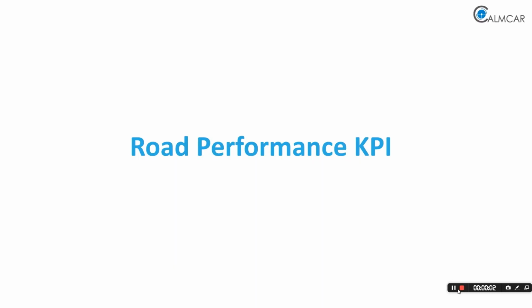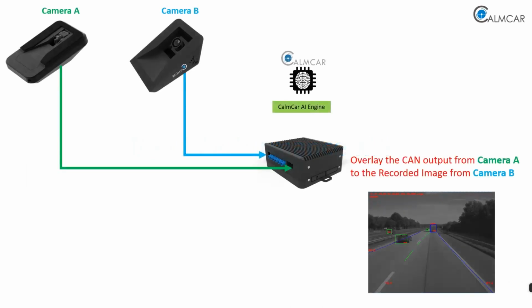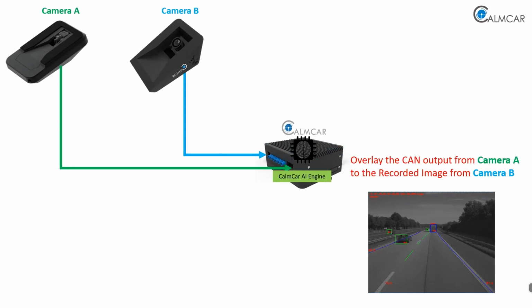The second solution is so-called road performance KPI. This is actually a similar approach to solution 1, but with the addition of perfect labeled ground truth to be used as the reference for KPI calculation. The primary difference compared to solution 1 is that we enabled the AI algorithm inside the CalmCar vision system, which means that camera B is not only recording the raw video data, but also performing the sensing tasks by executing CalmCar's own AI algorithms.